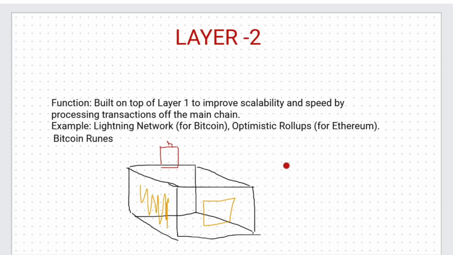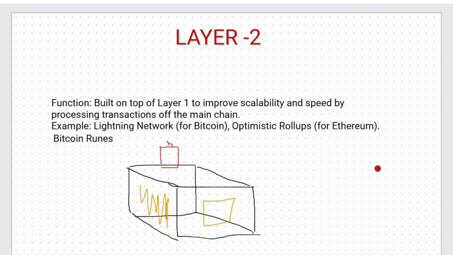But is it changing the core concept? Is the structure changing? It is not, because the window was already made in layer 1. So when the core concept does not change, which means these black lines do not change and the structure remains the same, and you do something on top of it, then it becomes layer 2.